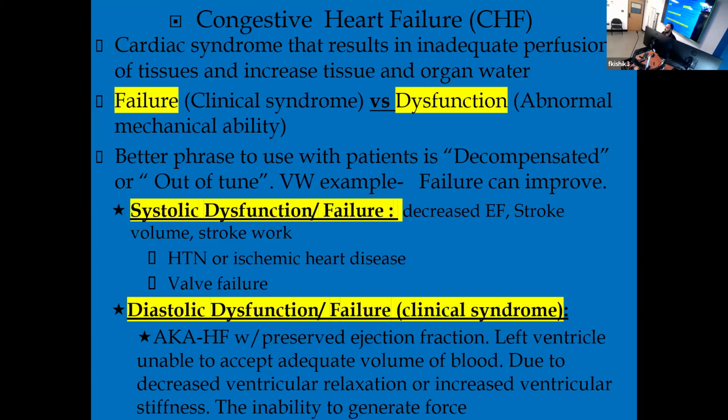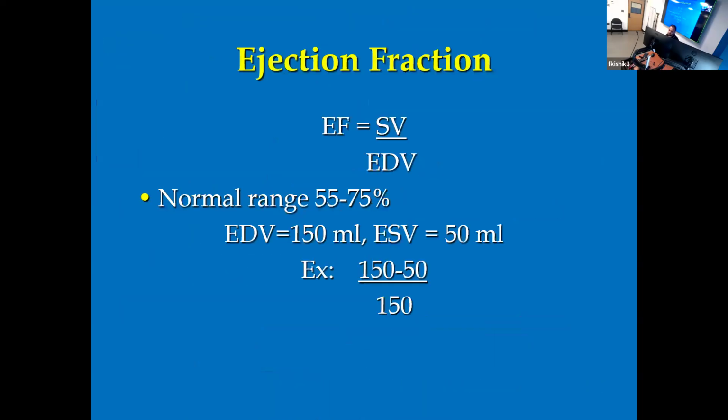If your EF is like 75 or 80, is that like bonus points? Why? I thought the higher the number is good. Well, what is ejection fraction? That's the reason why. It's stroke volume over your end diastolic volume.